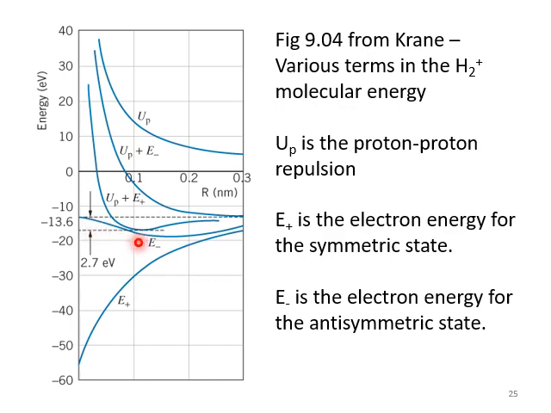On the other hand, consider the electron energy for the antisymmetric case. Ultimately, when they're very far apart, that energy is going to go to minus 13.6.